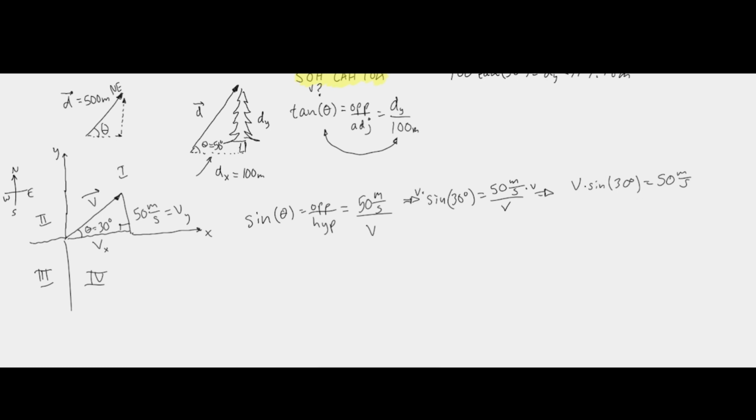And now the last thing I need is the sine of 30 degrees. We know that this is just a number, so I can divide both sides by the sine of 30 degrees.